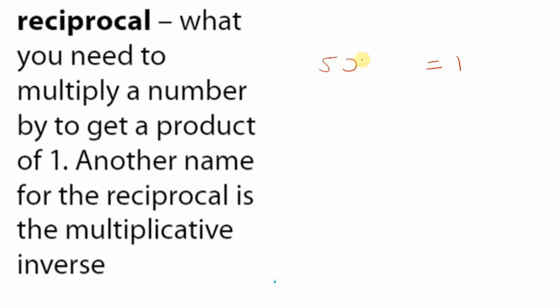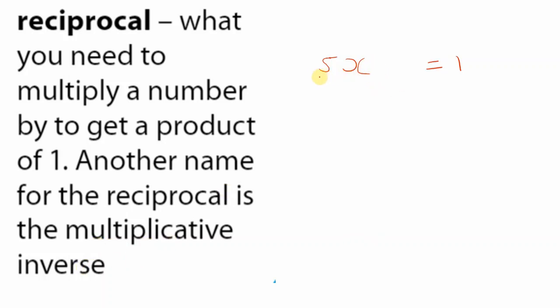Let's call that something x. So the product of our number, let's say 5, and a number, let's say x, must equal 1. So then this x we refer to as the reciprocal or the multiplicative inverse.